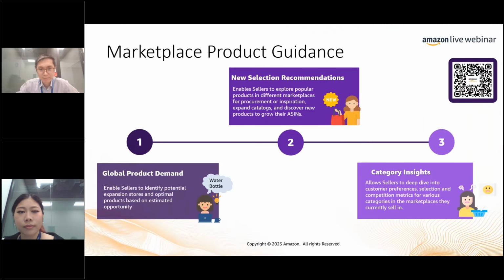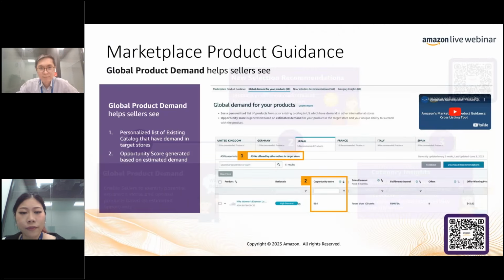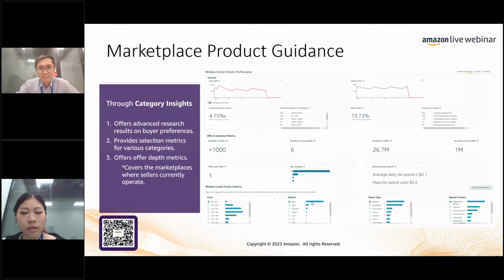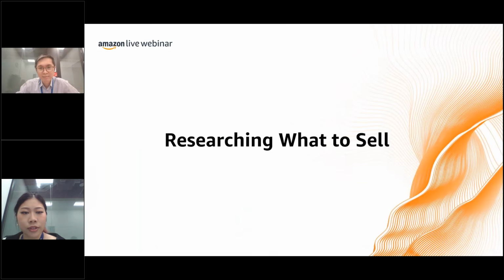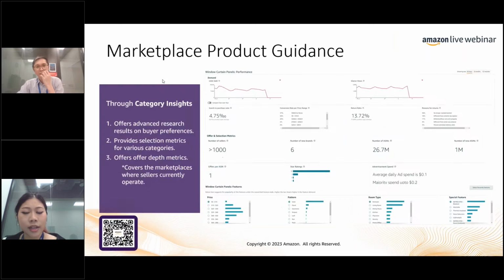Okay, so how do you find Marketplace Product Guidance? Similarly to Opportunity Explorer, on the top left corner, Seller Central menu, you can search for growth, then click into Marketplace Product Guidance.